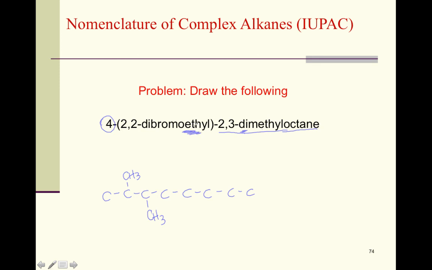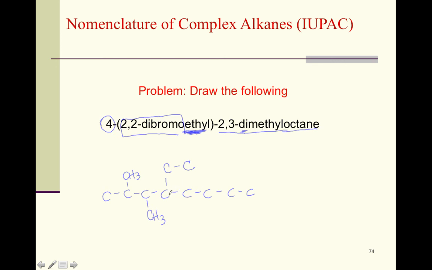How many carbons is ethyl? It's 2. So coming off of 1, 2, 3, 4, I will have 2 carbons. 1, 2. I could have drawn the carbons going straight up or off to the side. I just did this for space. All right, so now I've handled the ethyl piece of this, but what I don't have is this piece here.